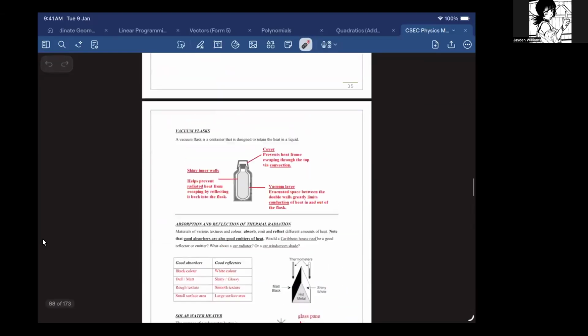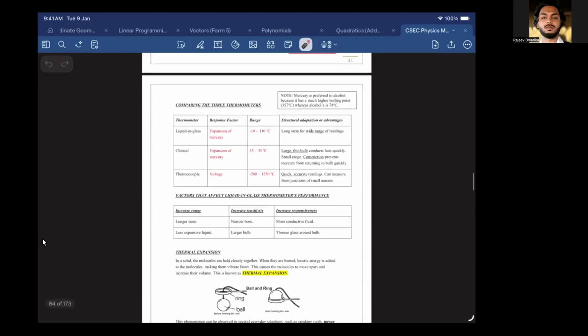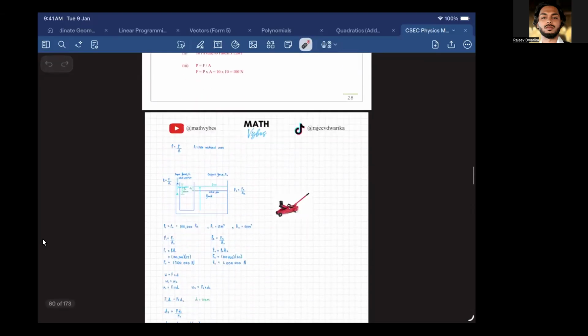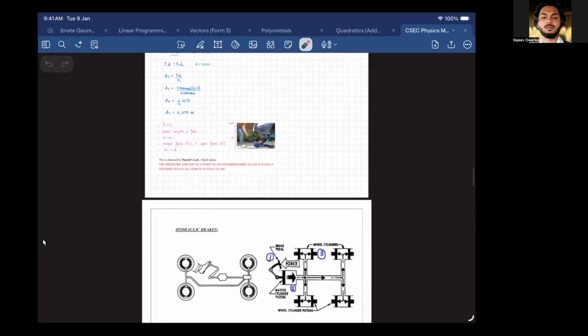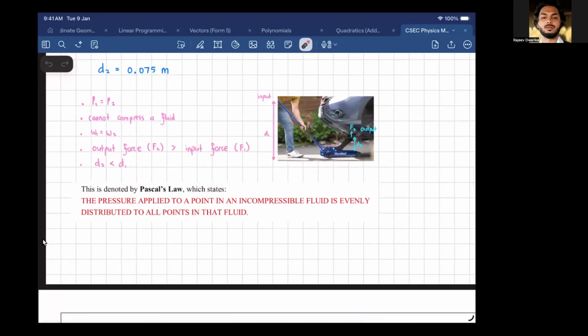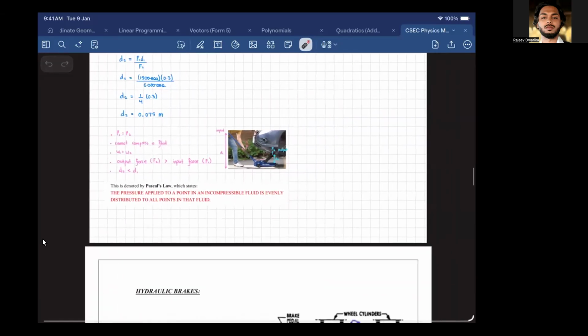Think about it again, you can't really compress a liquid. If you have a bottle of water, you can't compress that. You can't decrease the volume, right? You just simply can't compress fluids. You can't do that.